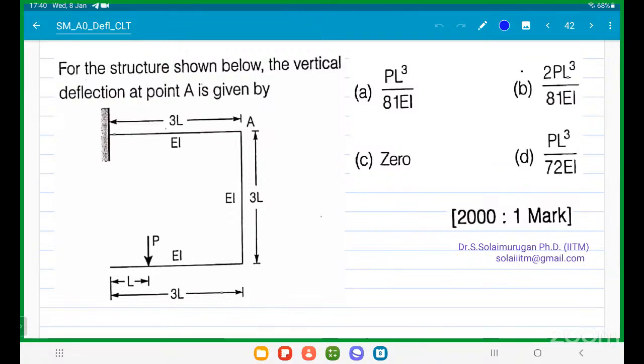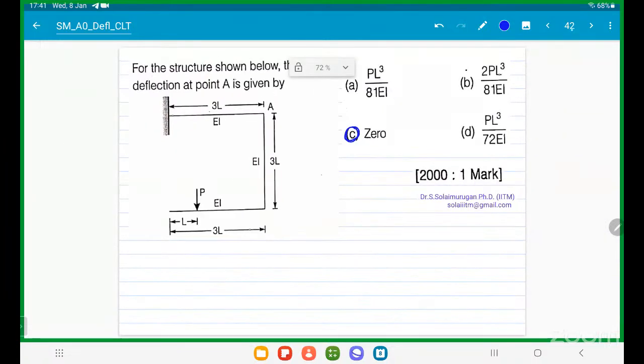Last time I told, right? If you want zero deflection here, this x should be equal to total length by 3. Here total length is 3L, so this is L. So L by 3 only. So cleverly they have given the answer 0. Next question.